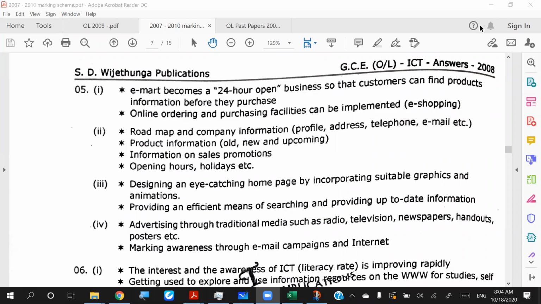Moving forward, list 2 features that can be incorporated into the website to make it attractive. We can do many things. You can have animations and graphics inside it, eye-catching graphics which are not disturbing. So it's better you say use of appropriate graphics or appropriate animations.